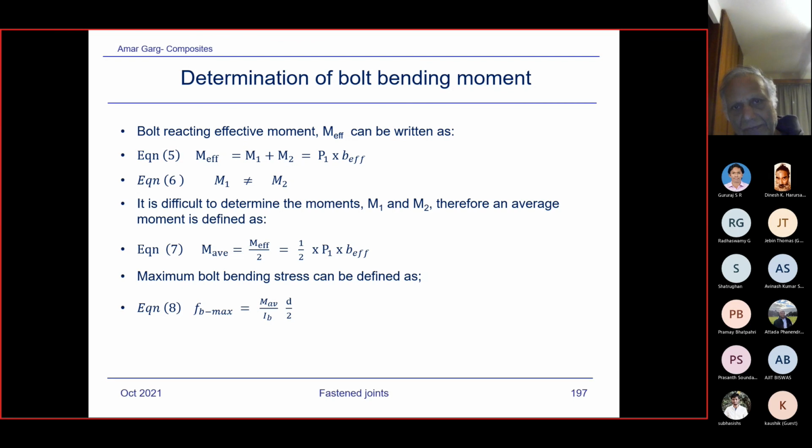Sir, just one doubt. Aren't these bolted joints always used with washers or inserts? There will not always be washers, so in that case our calculations also will change. Generally on the fitting side there will be washers.